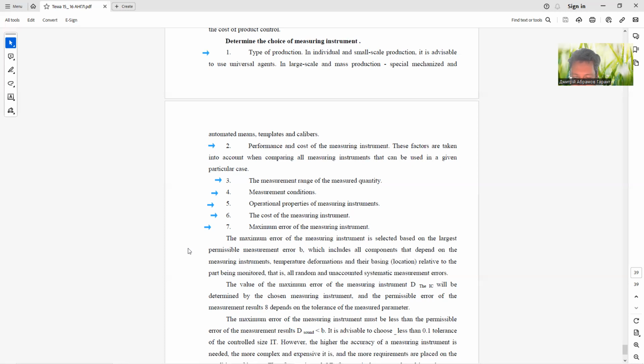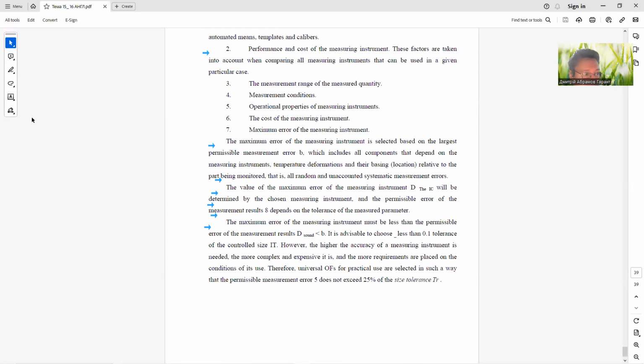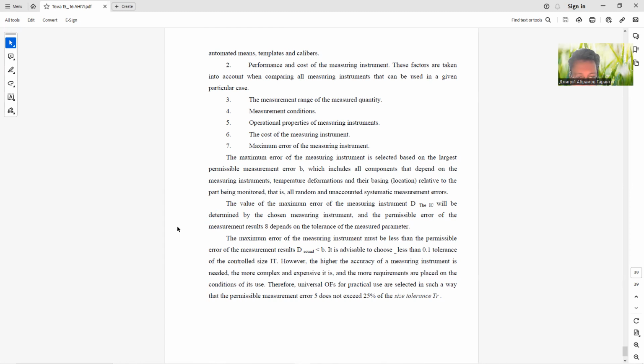However, the higher the accuracy of the measuring instrument needed, the more complex and expensive it is, and the more requirements there are placed on the conditions of its use.